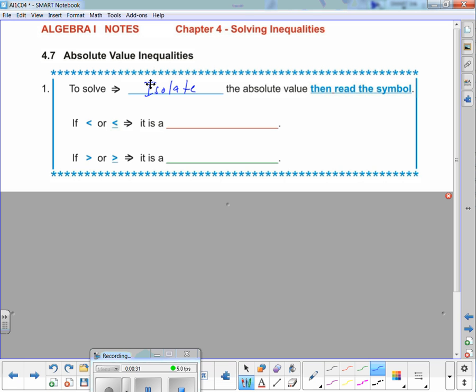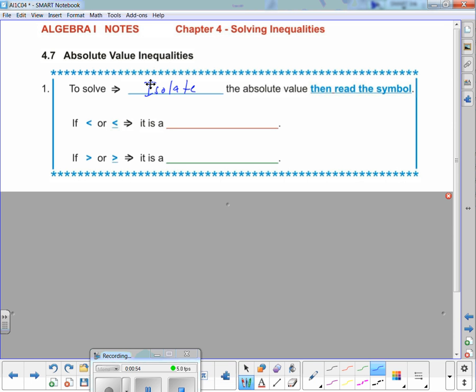But the next part is then read the symbol. Now, the ab has to be isolated. The ab has to be on the left and the number on the right. That is the condition.